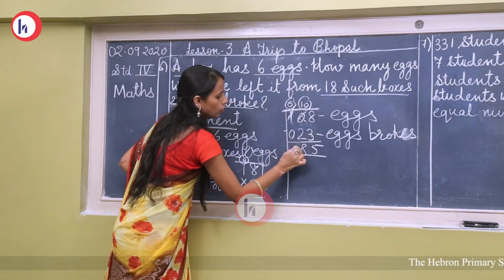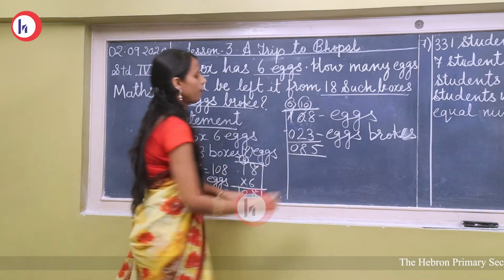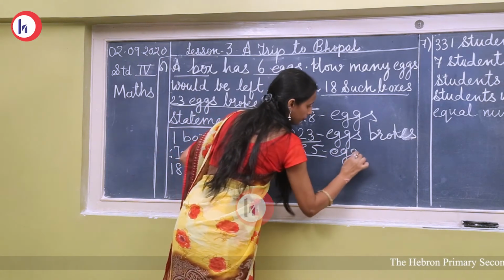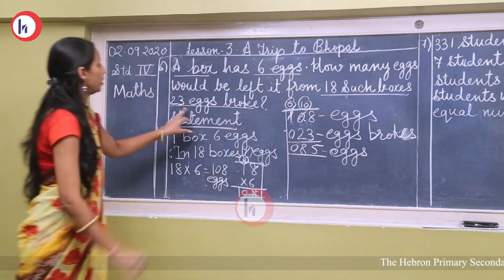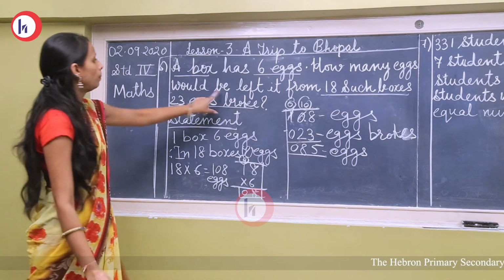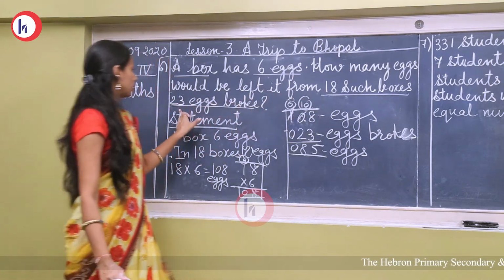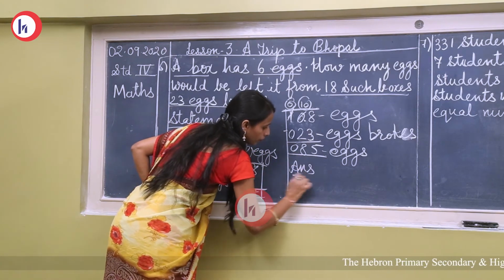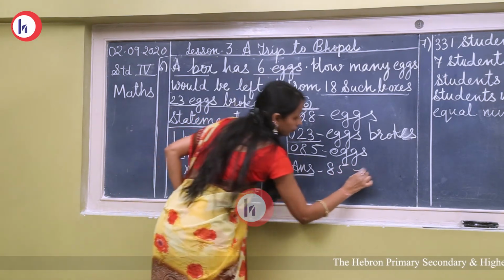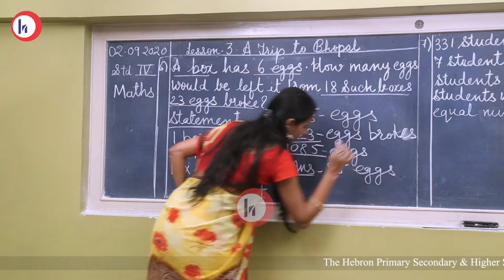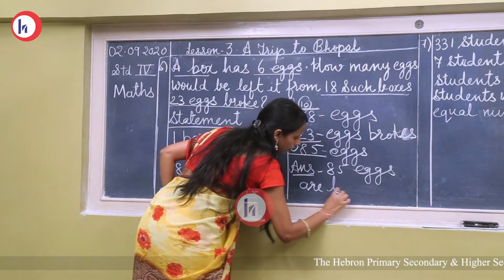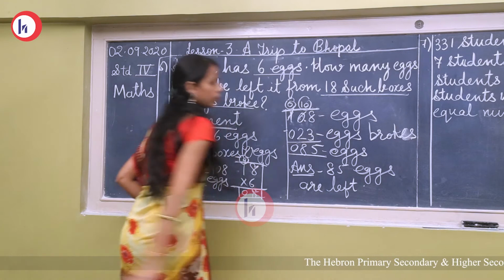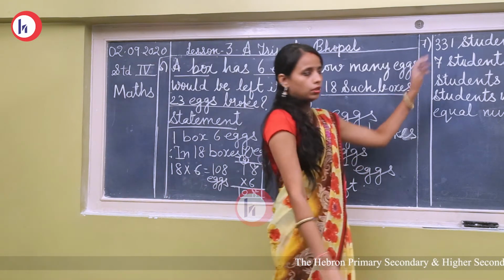Now 0 minus 0, 0. 85 eggs are left. Now see the question. How many eggs would be left if from 18 such boxes 23 eggs broke? So answer will be 85 eggs are left.